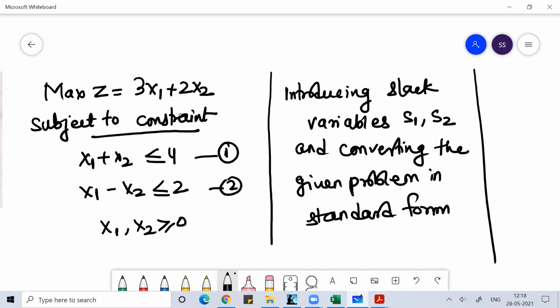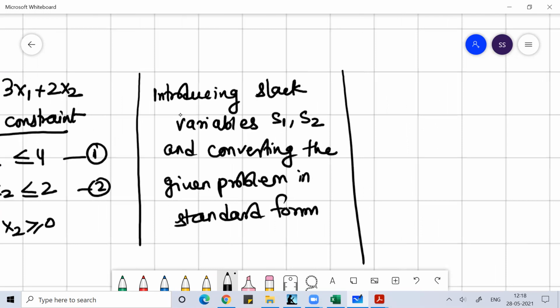So I'll introduce slack variables S1 and S2. The purpose of introducing these slack variables S1, S2 is to convert the linear inequality of the constraint into a linear equation. That is the objective. And the structure in which you write down the problem, that we call standard form.